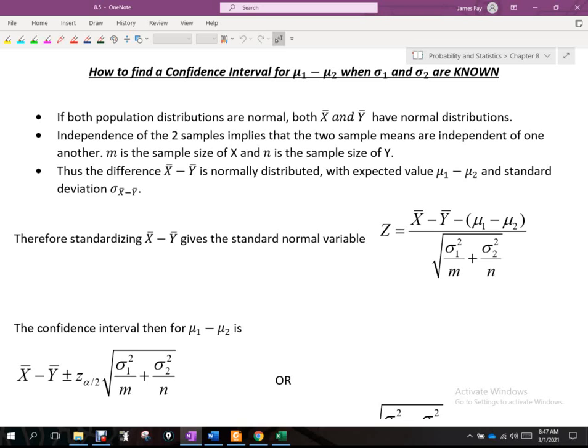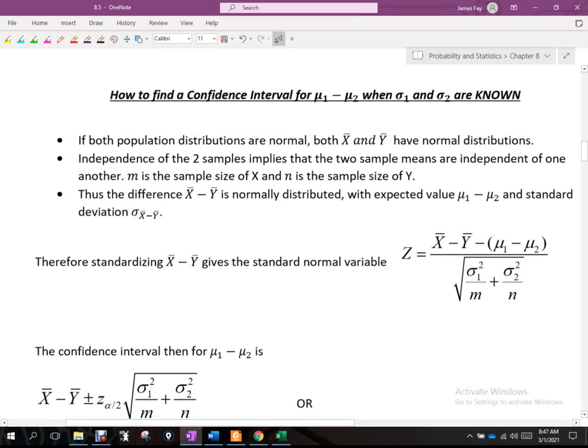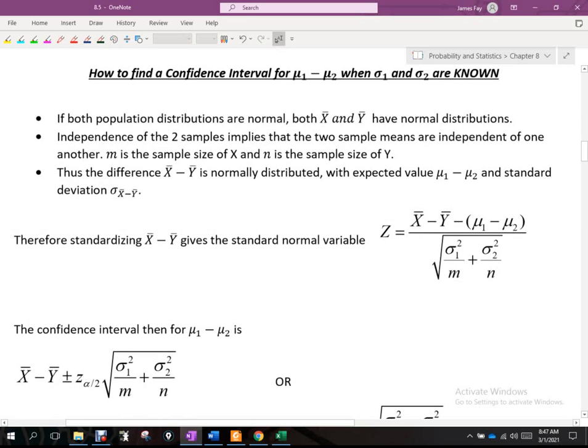That was a condition in 8.1 about finding a confidence interval for mu when sigma was known. So up here I'm now talking about mu1 minus mu2 when sigma 1 and sigma 2 are both known. In 8.1 it was just like looking at just mu sub 1 and sigma sub 1. So this condition has to be true. We have to have populations that are normal.